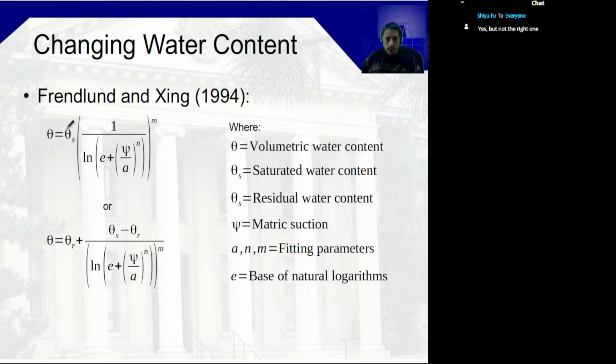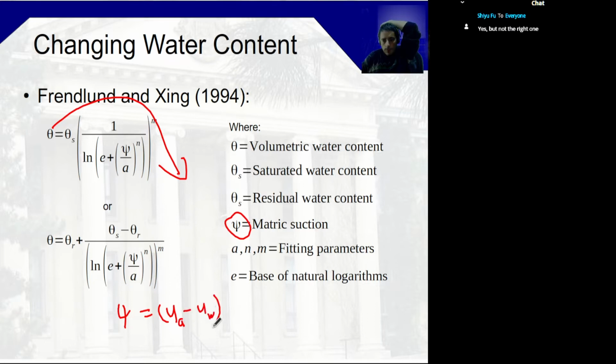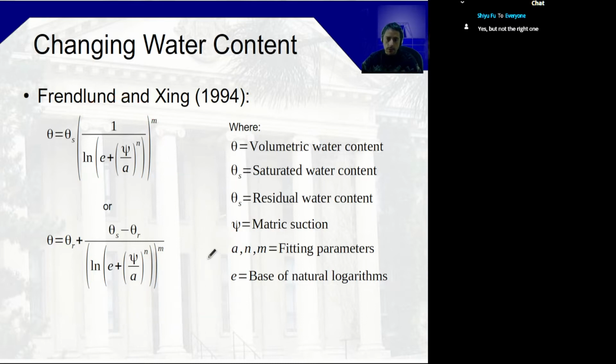Again, the water content itself is related to hydraulic head. Okay, because the water content varies with matric suction, and matric suction is usually defined as pore air pressure minus pore water pressure. Okay, and so when you have a given suction, you have a negative pore water pressure that becomes the value that you use there.